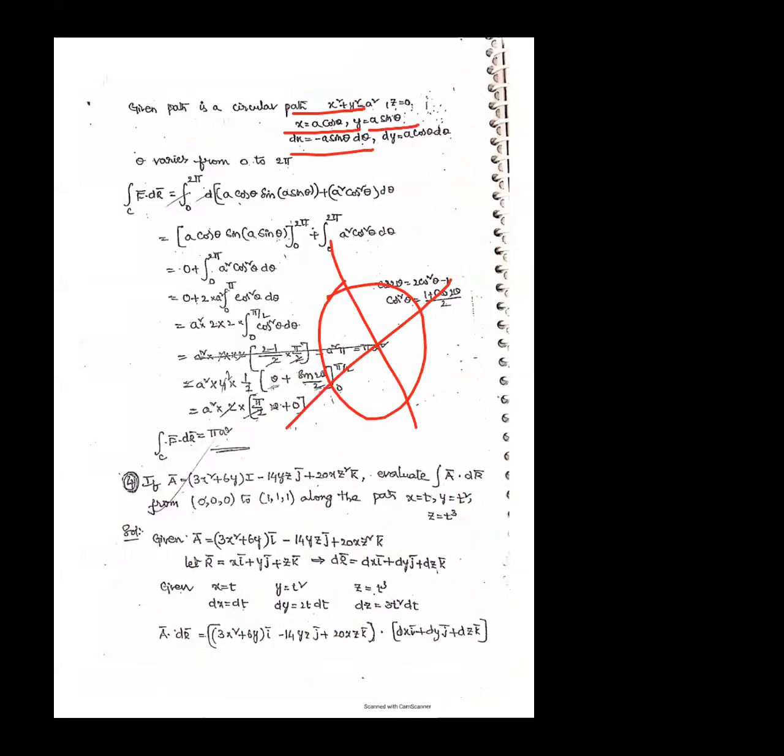So dx equals a is constant, the derivative of cos theta is minus sin theta, and dy equals a is constant, the derivative of sin theta is cos theta.